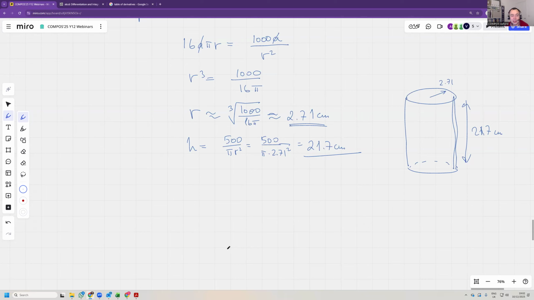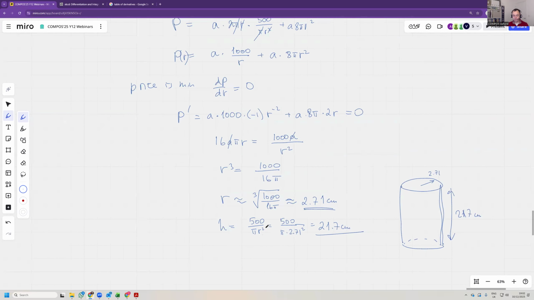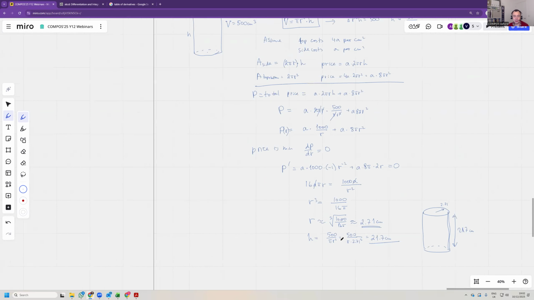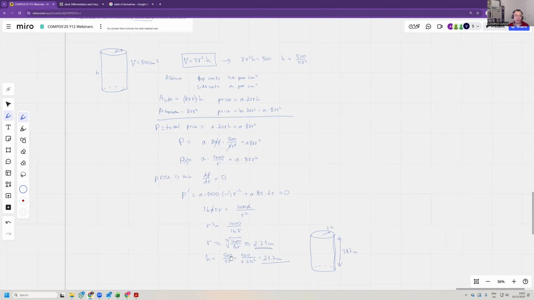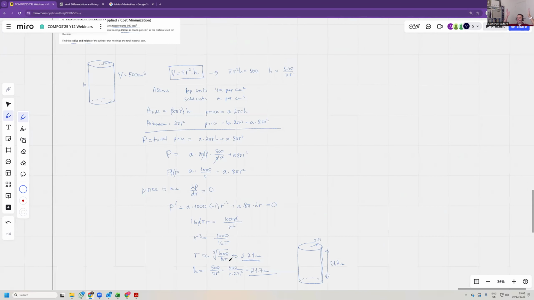Okay, it could be a minimum or a maximum. But if you consider the extreme cases, because a minimum or maximum could be at the ends of the interval as well, at the ends of the interval the radius is 0. Well, that doesn't make any sense. Radius can't be 0, just as h can't be 0.